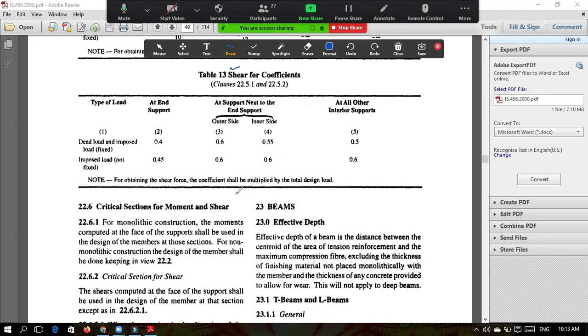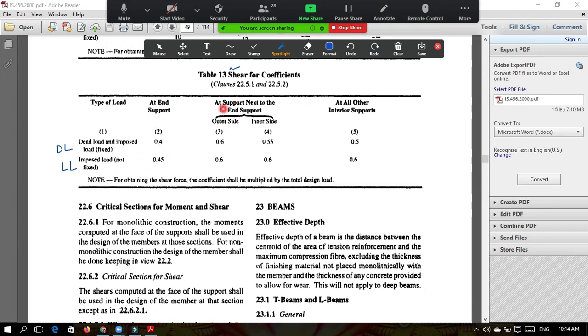Same we need to do, and we have some coefficients over here. Where the shear force is maximum, see the coefficient. This is for dead load, and imposed load means live load. At the end support, the dead load coefficient is 0.4 and the live load coefficient is 0.45.